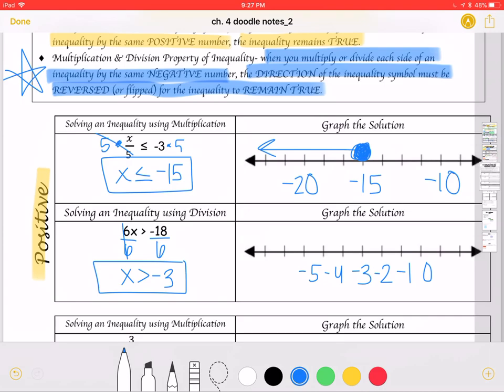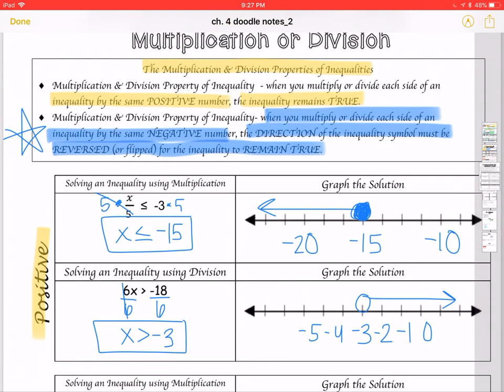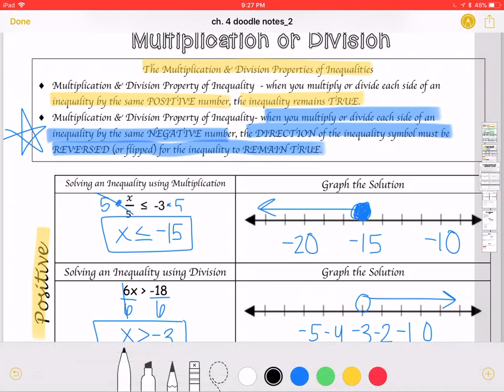So now you should have an open circle at negative 3 with your arrow to the right because x is greater than negative 3. So that was if we multiply or divide by a positive number. That's essentially what this first property was telling us to do.